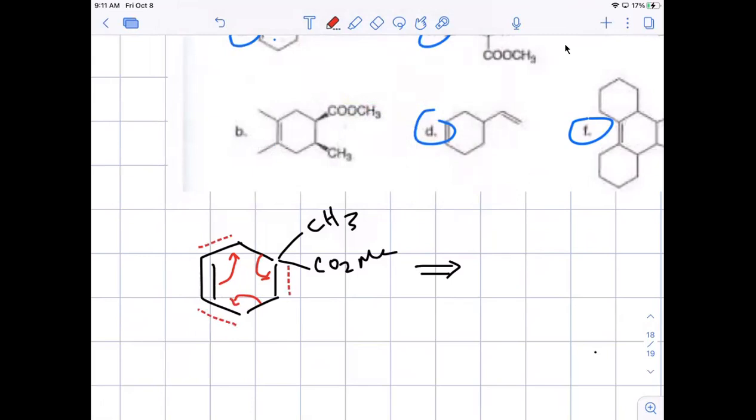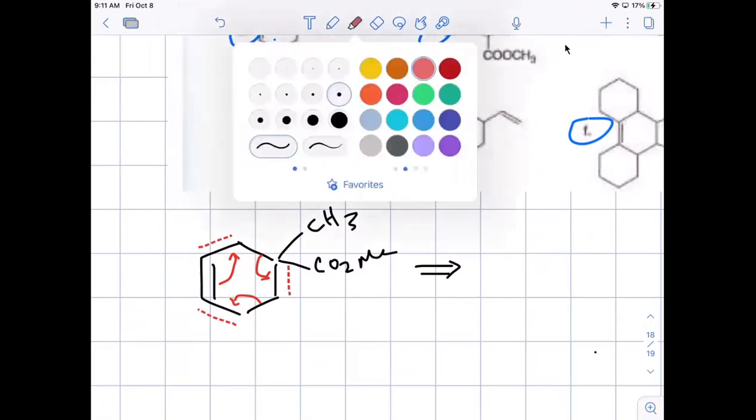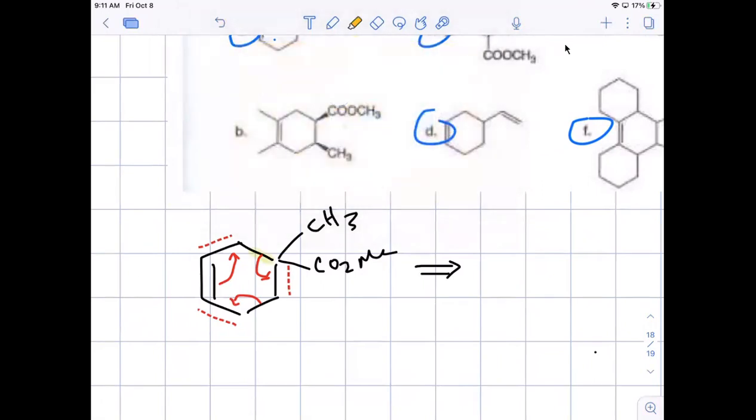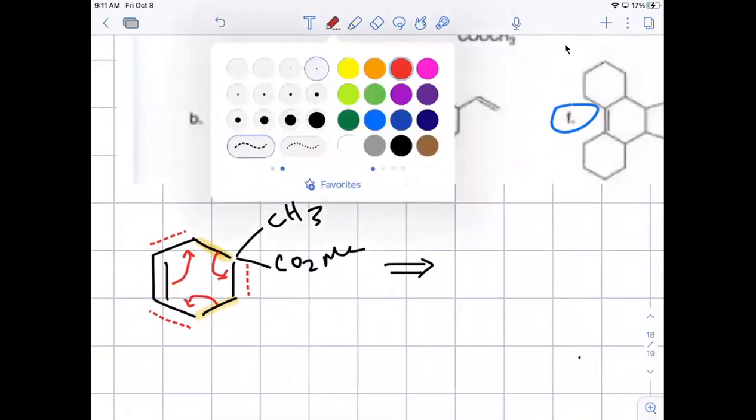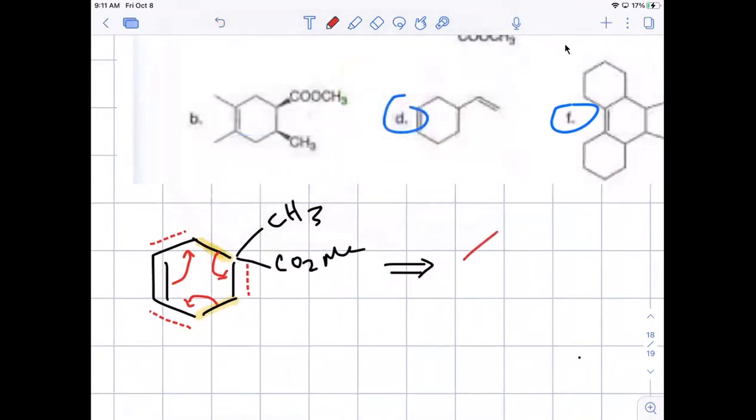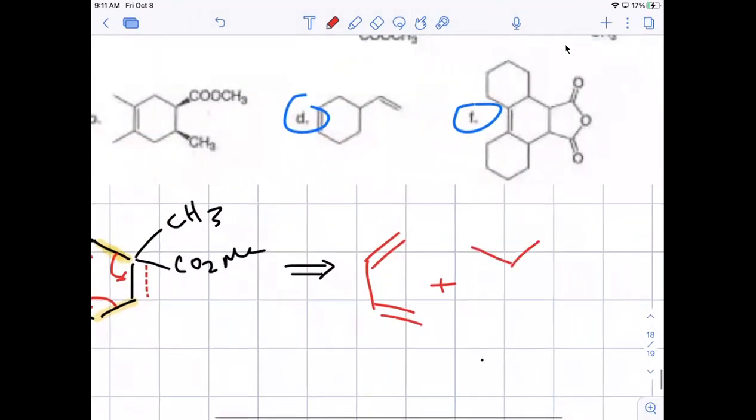And it's going to take away the two sigma bonds here and here, right? So my diene will look like this. And then my dienophile like that.